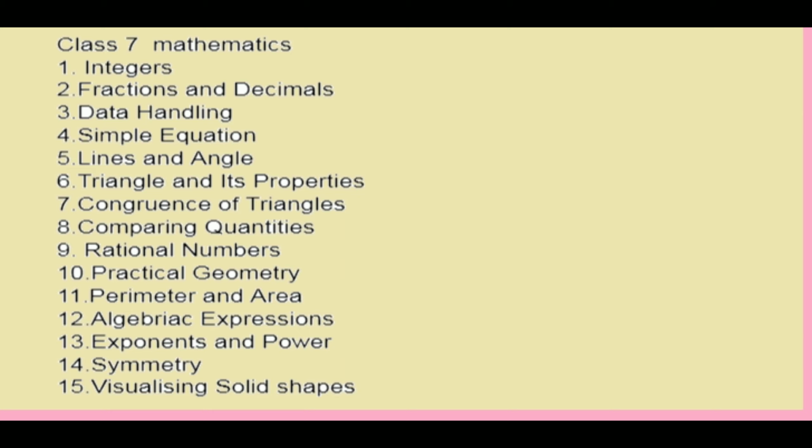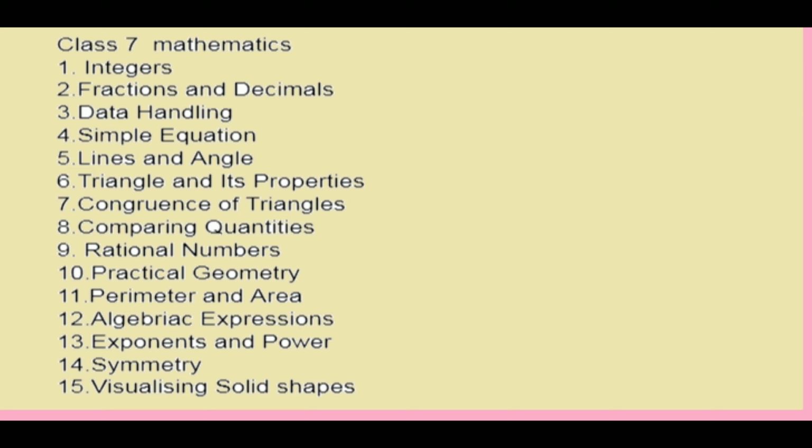The first chapter integers, second chapter fractions and decimals, third chapter data handling, fourth chapter simple equation, fifth chapter lines and angle, sixth chapter triangle and its properties, seventh chapter congruence of triangles, eighth chapter comparing quantities, ninth chapter rational numbers, 10th chapter practical geometry, 11th chapter perimeter and area, 12th chapter algebraic expressions, 13th chapter exponential power, 14th chapter symmetry, 15th chapter visualizing solid shapes.